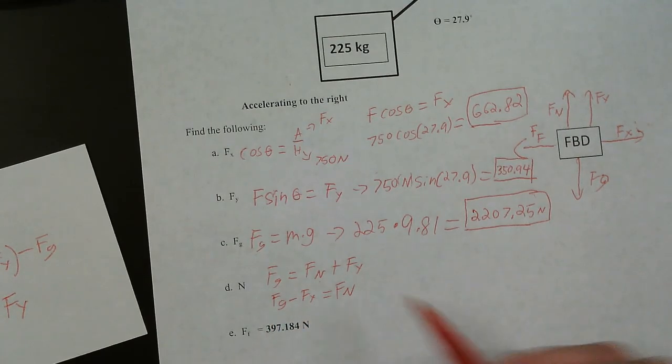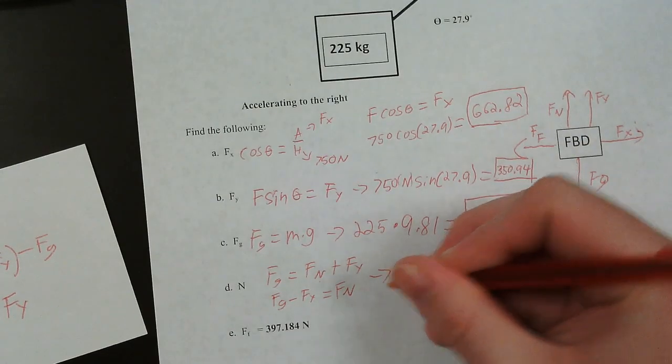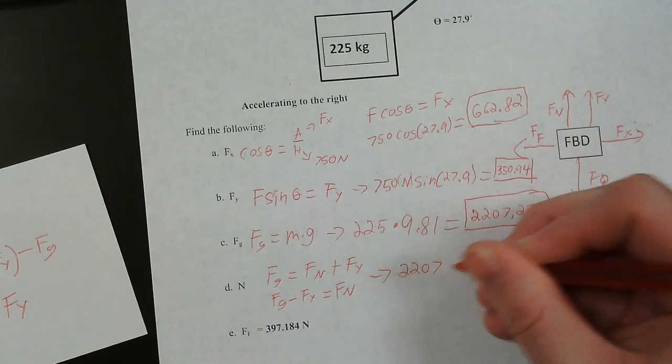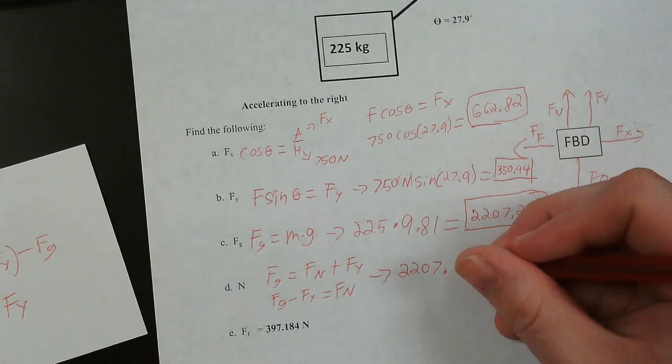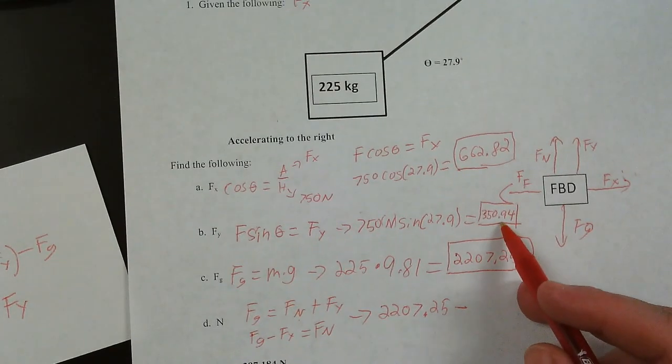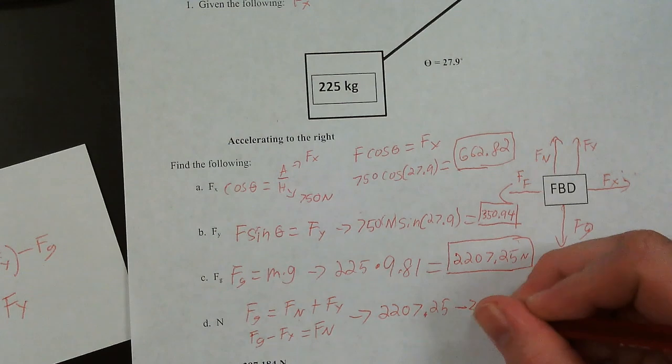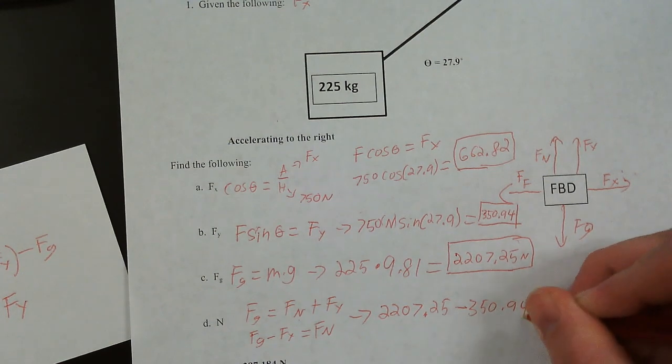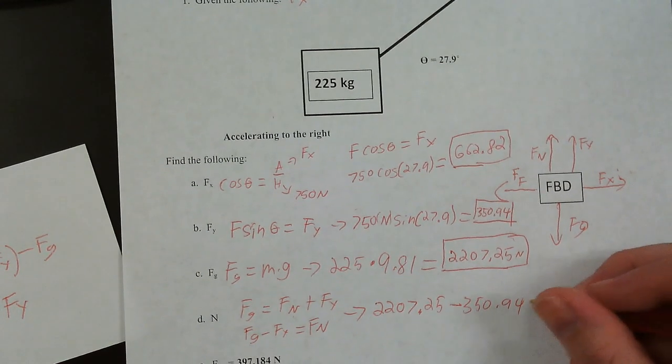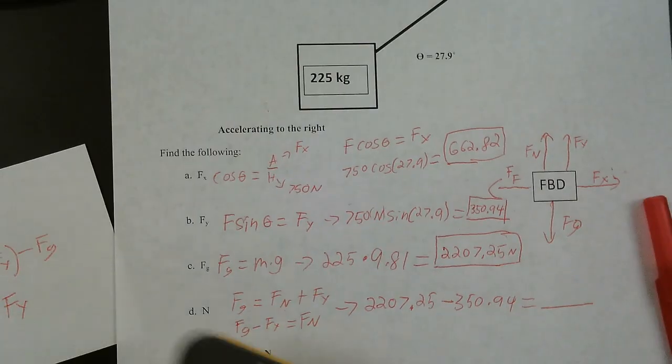Fg minus Fy equals Fn. My Fg is 2207.25 minus my Fy, which was 350.94, equals whatever my answer is going to be.